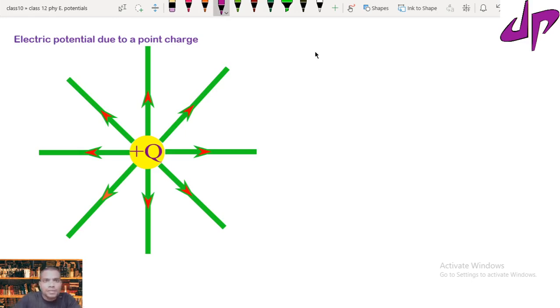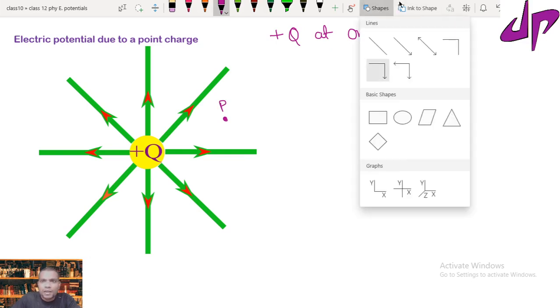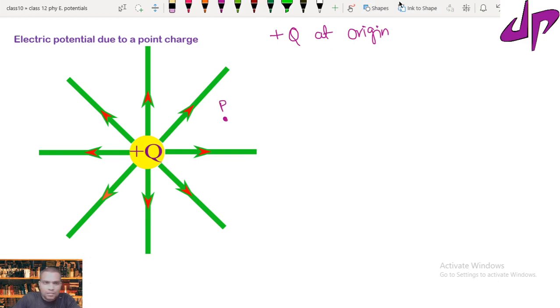Here I am considering a charge plus Q at the origin, and I would like to find the electric potential at point P, a location within the electric field at a distance capital R from the origin. So that is my task.